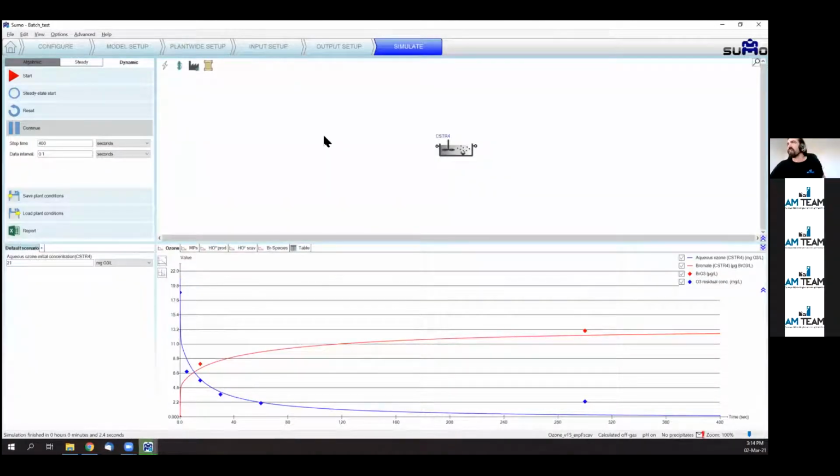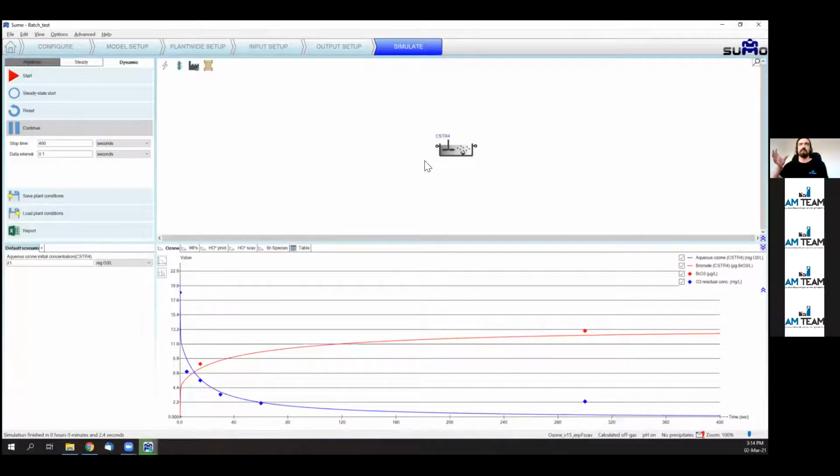What you see now is the Sumo platform, the platform that we use to embed the AMOZONE model. What you see here is the representation of the example that Wim just mentioned.